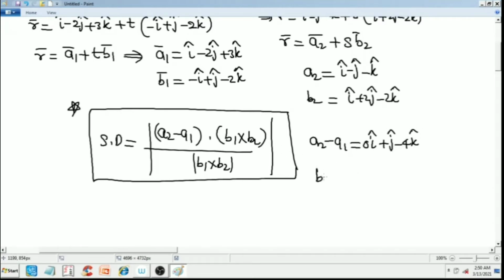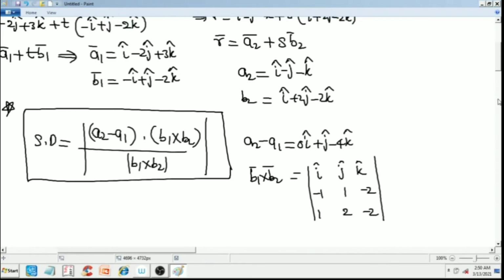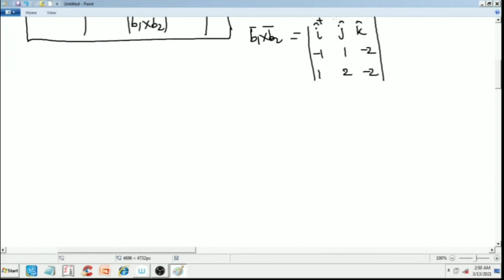Next b1 cross b2 bar is equal to the determinant of i j k. Here b1 is minus 1, 1, minus 2, and b2 is 1, 2, minus 2. Signs are plus minus plus. Delete the corresponding row and column, AD minus BC: 1 into minus 2 minus 2 into minus 2, minus 2 plus 2 is... 4.